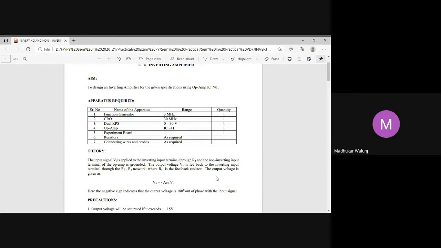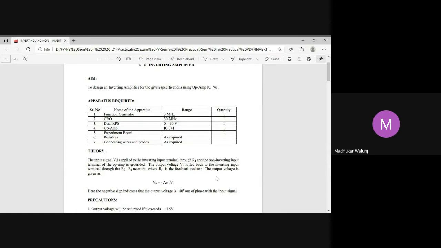In case of a theory of this particular experiment, we know that inverting amplifier is nothing but input signal Vi is the input signal that we are going to apply to inverting terminal, and that will be applied through resistor R1. So the circuit diagram will be next. The non-inverting input terminal of the op-amp is grounded.